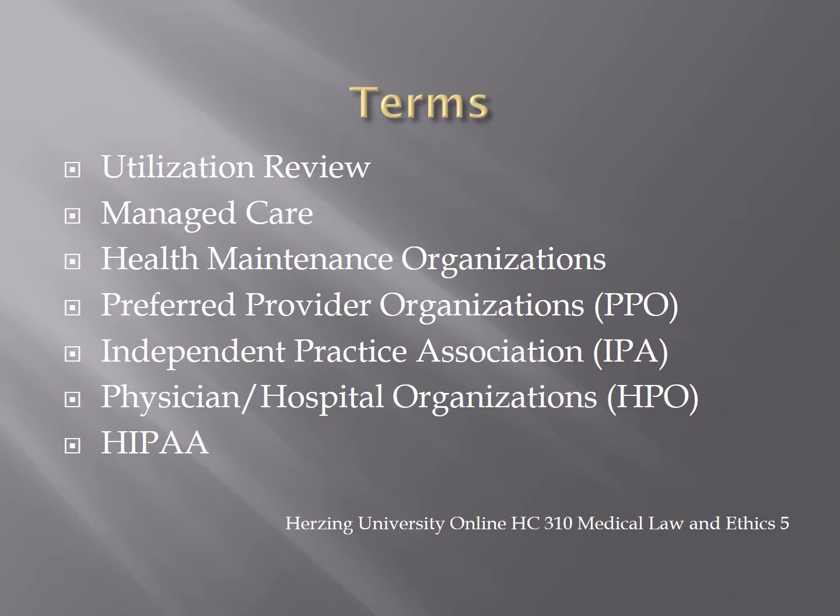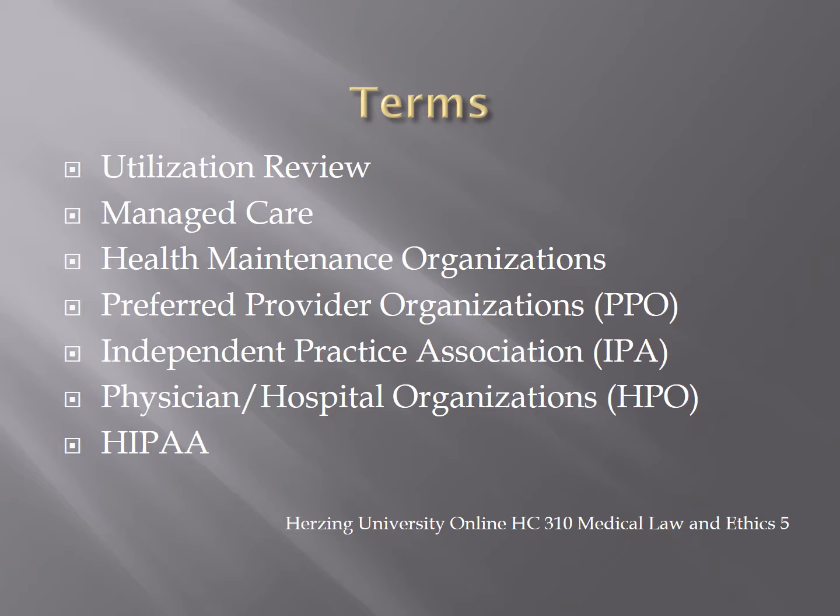More terms. You should know what utilization review is. It's a review of the use of resources in a healthcare organization. Managed care, a system of providing care through health maintenance organizations and various other entities.